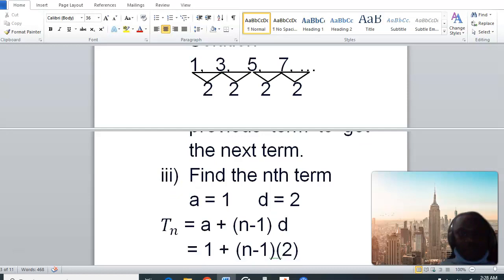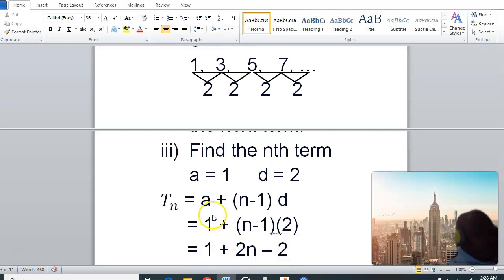So we use the formula. Our A is 1, which is the first term. Our n times D. D is multiplying everything in the bracket, so D is what? 2. So you multiply 2 times n minus 1.